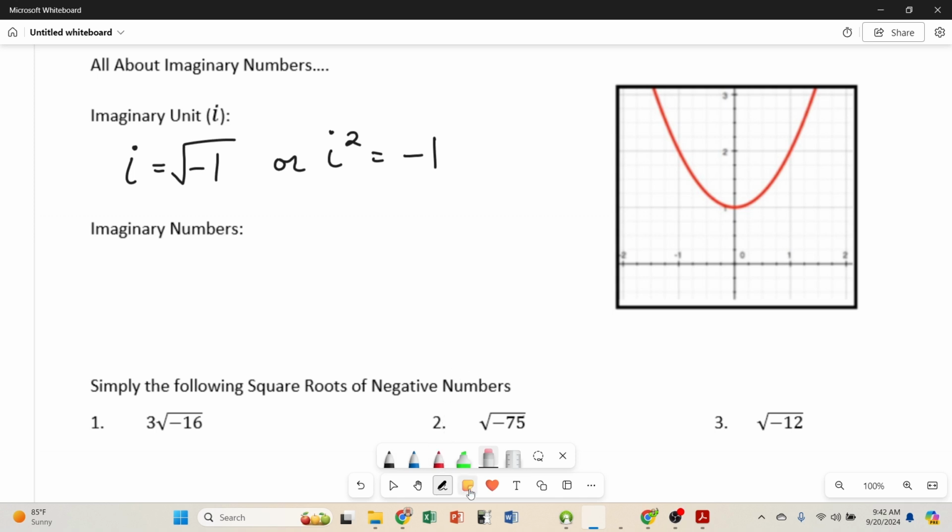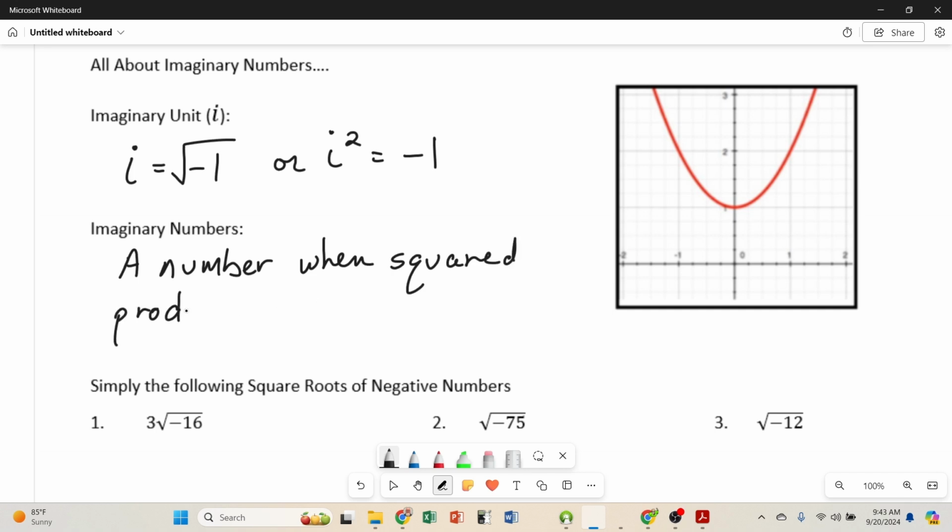So the definition of an imaginary number is a number that, when squared, produces a negative number.